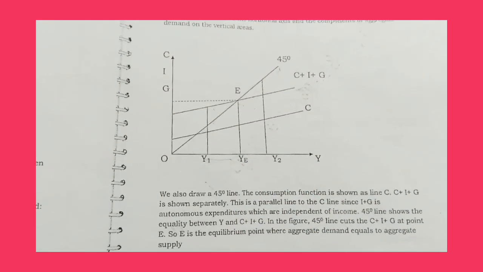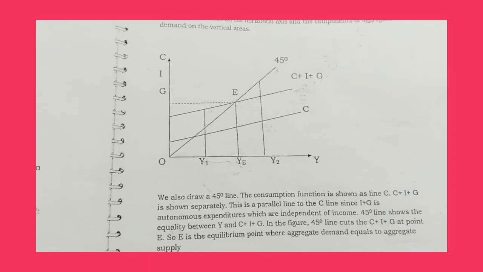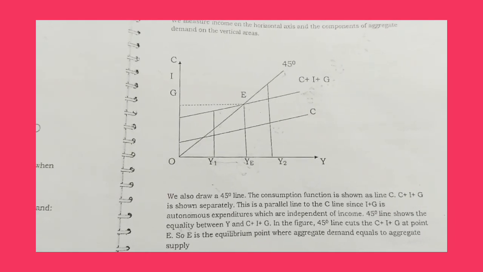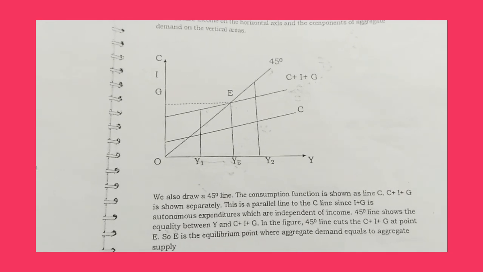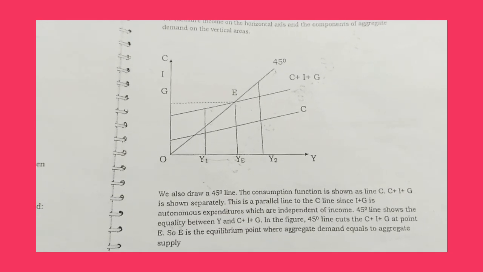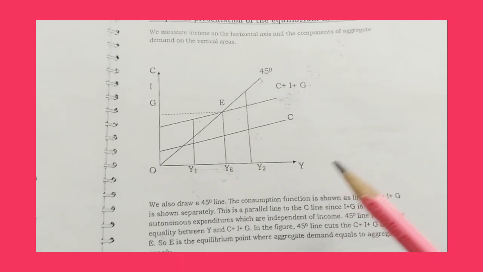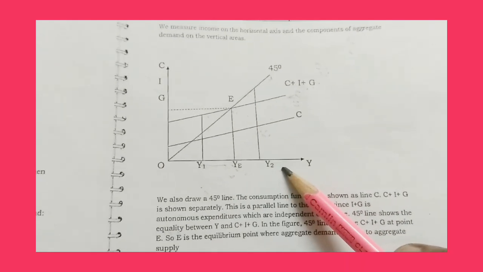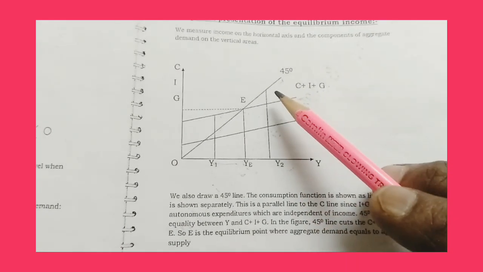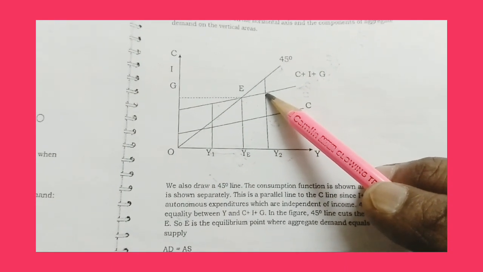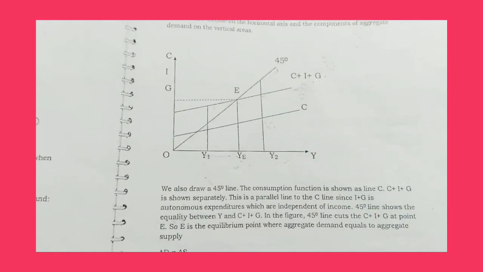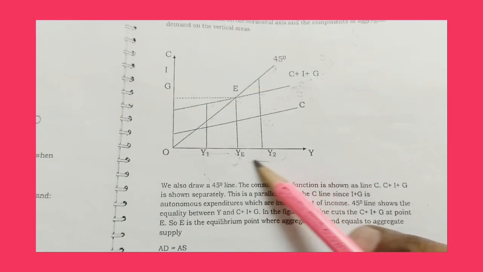This process will continue till Y equals C plus I plus G. We know that Y is nothing but aggregate supply, which equals aggregate demand. Similarly, when the level of income is Y2, look here, the aggregate supply curve is greater than the aggregate demand curve, and the excess supply situation induces the producer to reduce production.